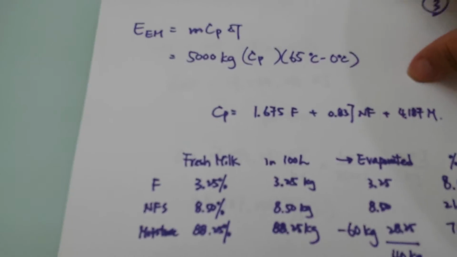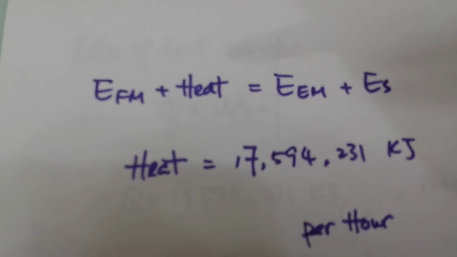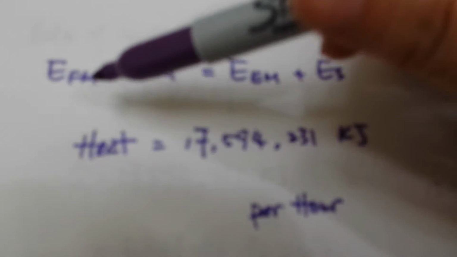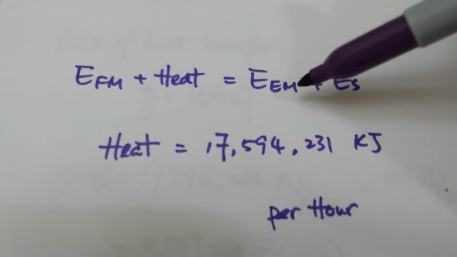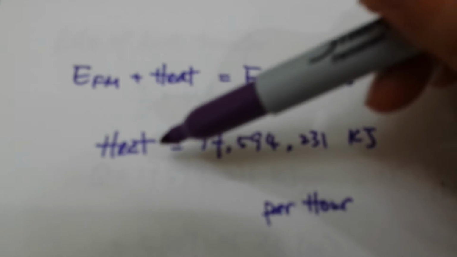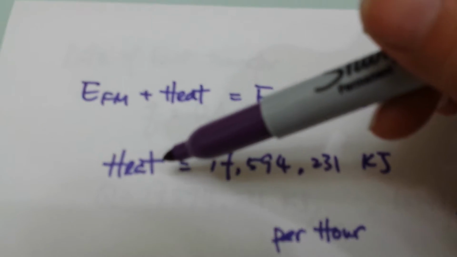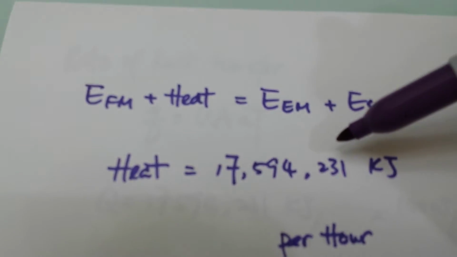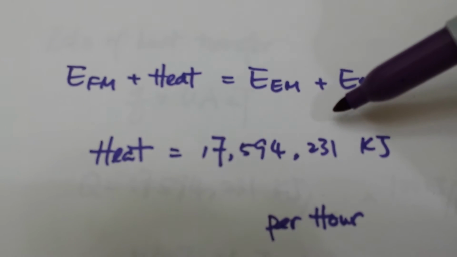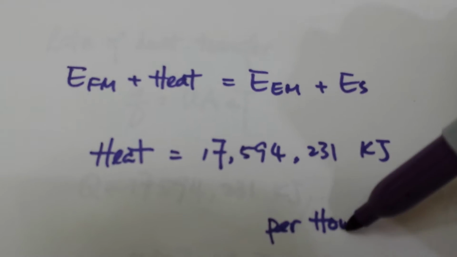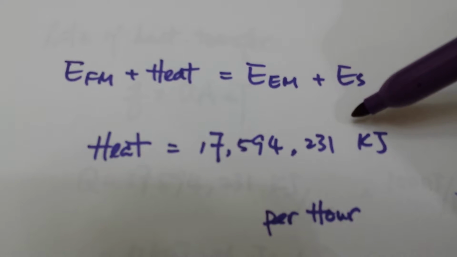Now, according to this equation, we know the three components. We will then be able to find the amount of heat that we need from our steam per hour, because we're talking about an hour of production.